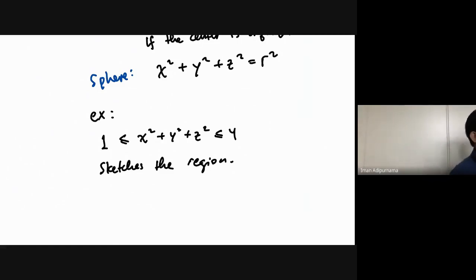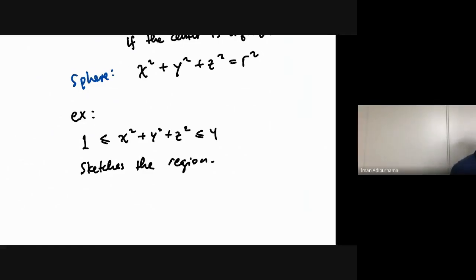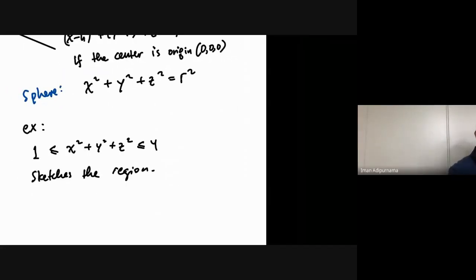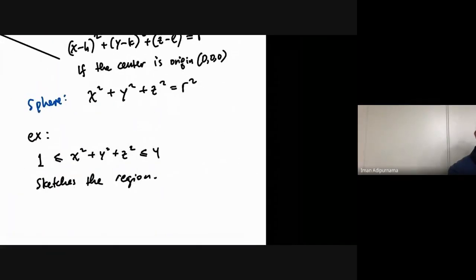All of these introductions to the three-dimensional coordinate system will help you, especially for the surfaces in the last section of chapter 12, 12.6. That will involve a lot of sketches and describing regions. So for this case, the equation of the sphere is x squared plus y squared plus z squared equal to r squared.